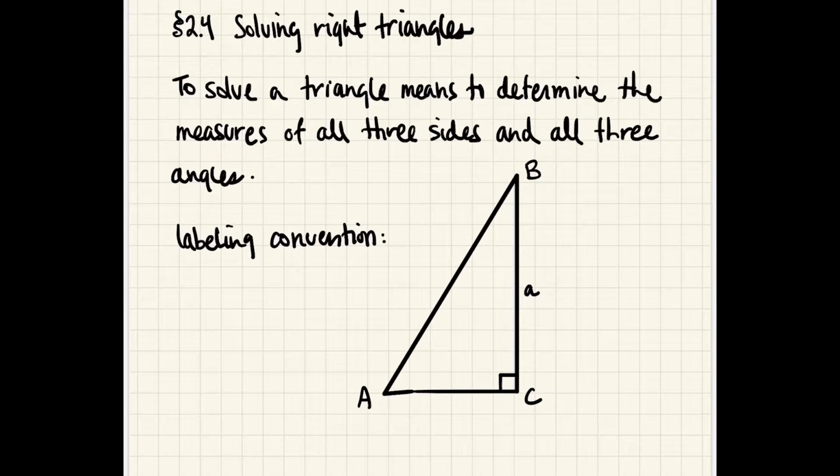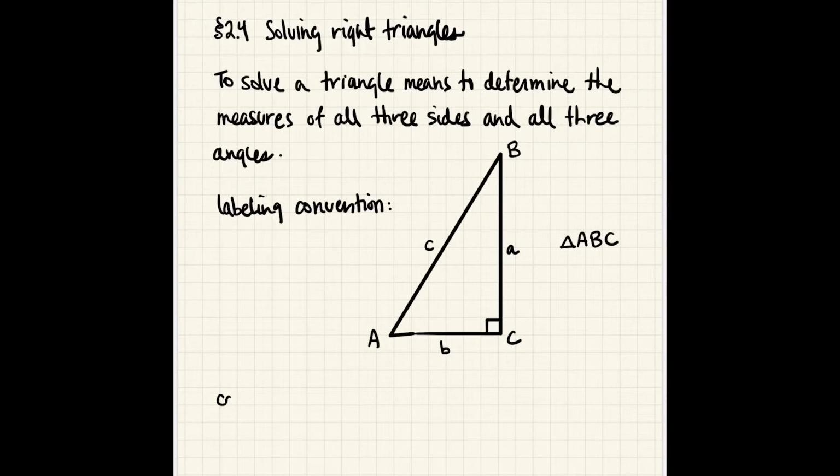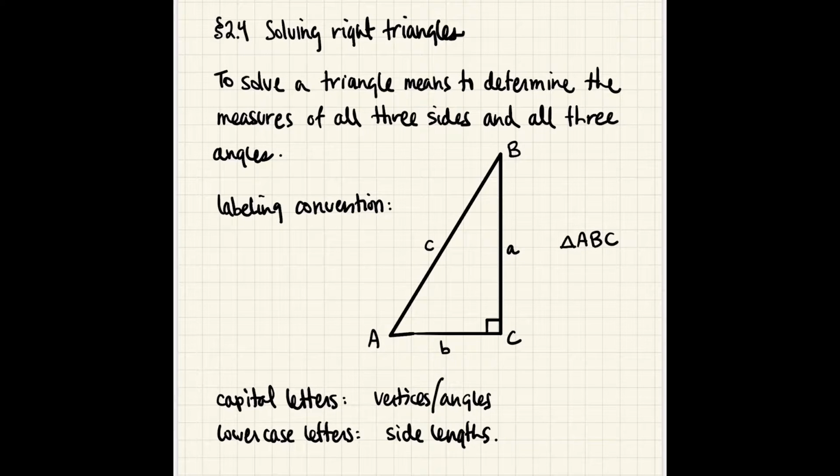So because angle A is here, side a is opposite, which means we must put side b down here with a lowercase b, and side c, opposite angle C, with a lowercase c. And we would use the vertices in the label for the triangle itself, so we call this triangle ABC. Okay, so let's get into solving some triangles.